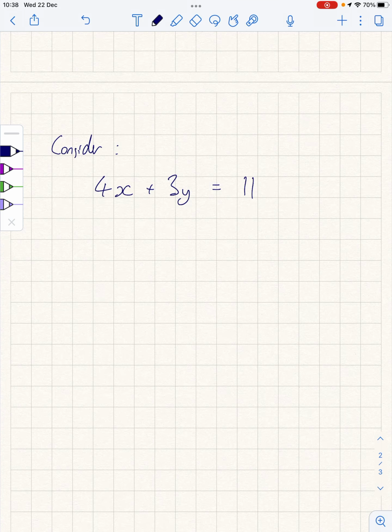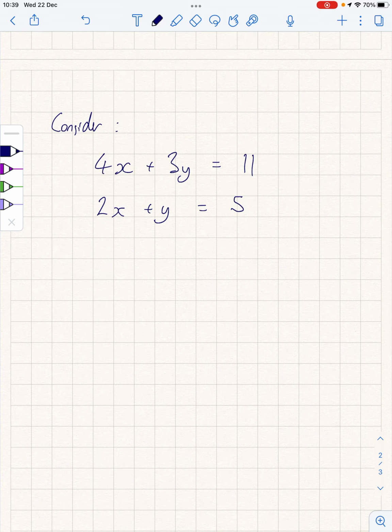There are an infinite number of solutions here, but we need another equation, and let's have this other equation to be 2x plus y is equal to 5. Now, because we have two variables, x and y, and we have two equations, we should be able to solve this because they constrain themselves. So we call them equation 1 and equation 2.